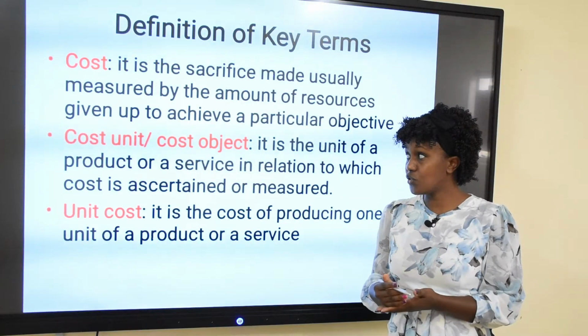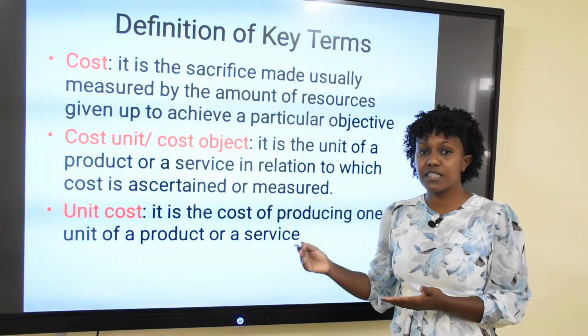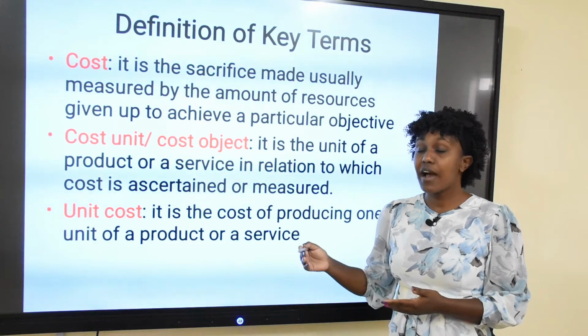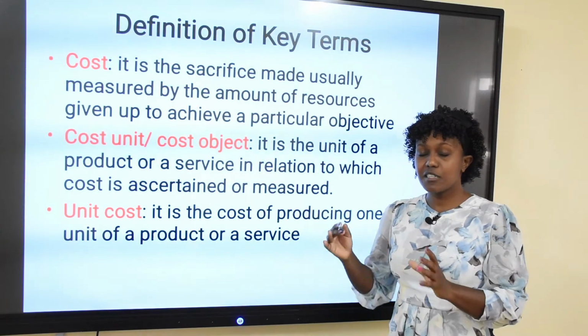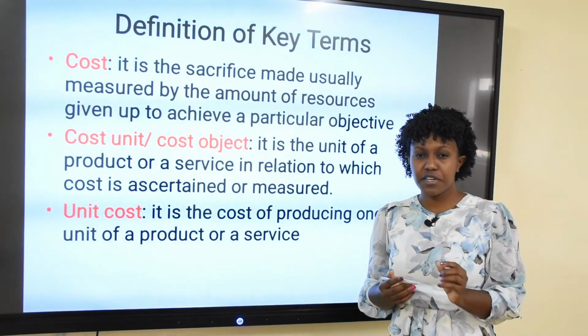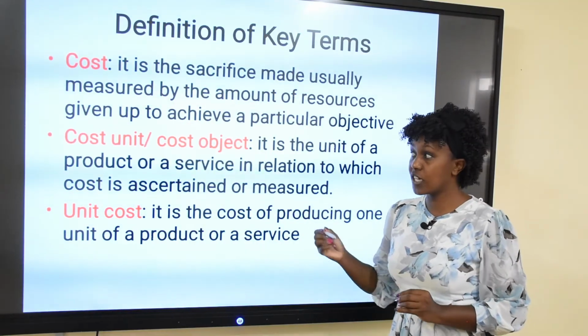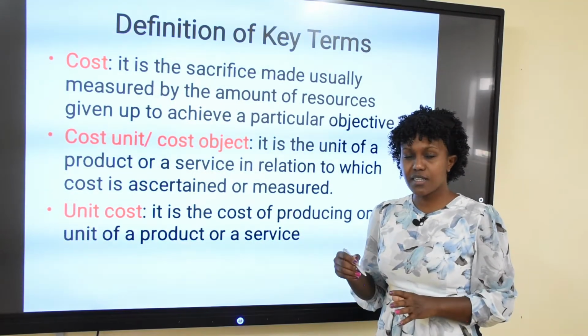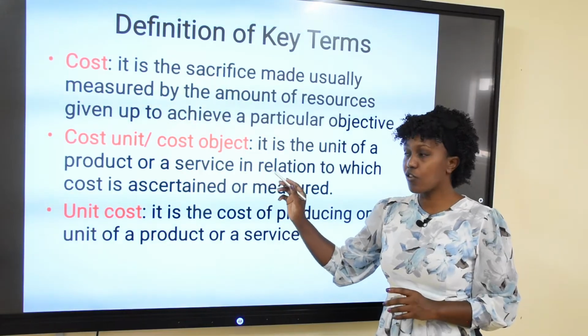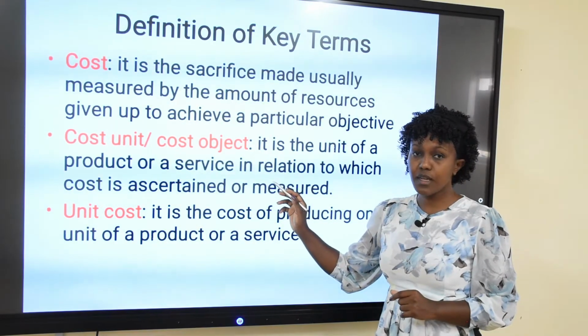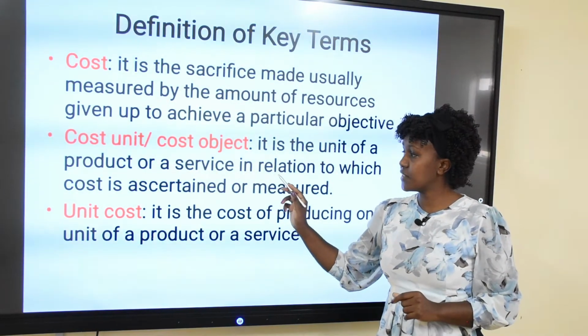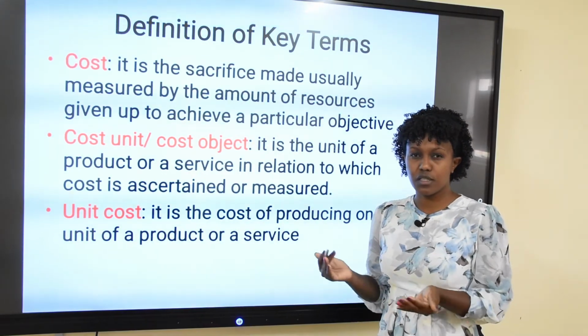It is the unit itself against which ascertainment of costs is required. For example, in a manufacturing organization, the products are the cost units, or the cost objects. They are the products or the services in relation to which we measure cost.